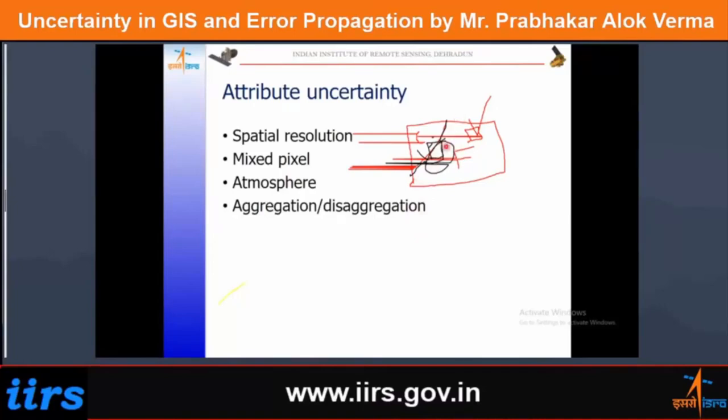Our ability to identify a feature properly, if we talk about visual feature identification, depends on how a feature looks, how it appears, as well as how its appearance is different from its neighbor. How do you identify cropland and forest? In true color composite, both of them appear green.